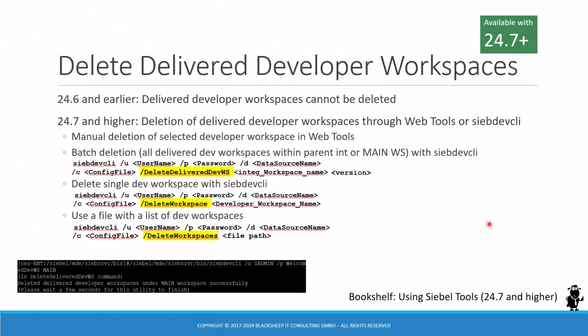So the deletion of delivered developer workspaces is something that was not possible before 24.7. Now in 24.7 or higher, developers or administrators can delete any number, either in batch or dedicated, of already delivered developer workspaces, no matter what parent they have, be it a main workspace or a parent integration workspace.